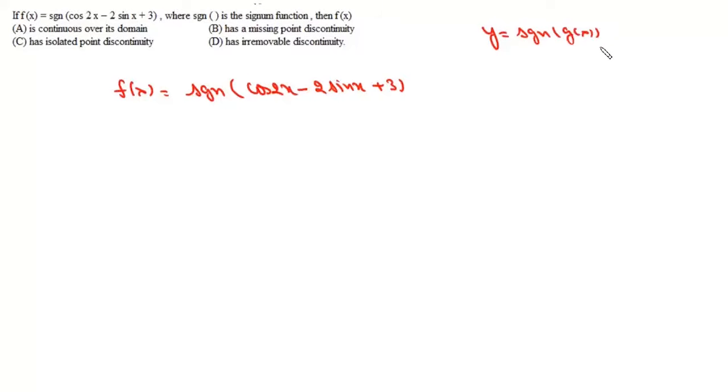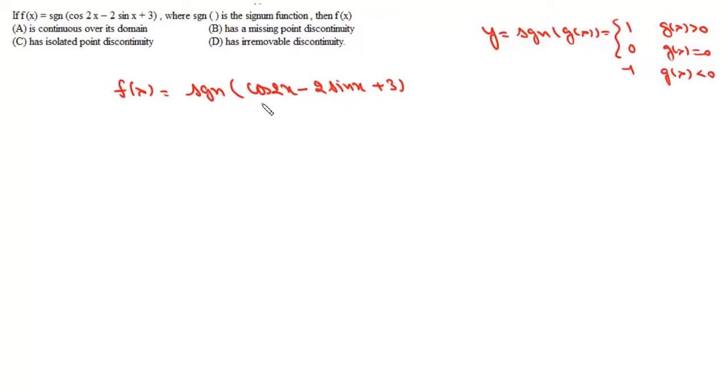Now here the question is, we are given this function f(x), which is signum of cos 2x minus 2 sin x plus 3, and we need to find which of the following is true. Now for signum function, we know that if we have any signum g(x), then this signum g(x) will be 1 when g(x) is greater than 0, 0 at g(x) equals 0, and will be minus 1 where g(x) is less than 0.